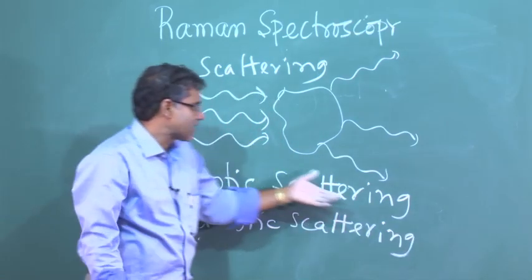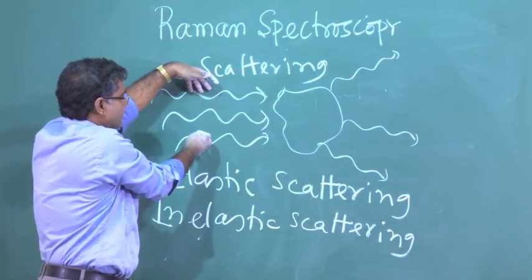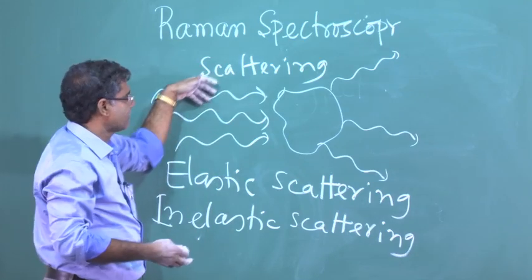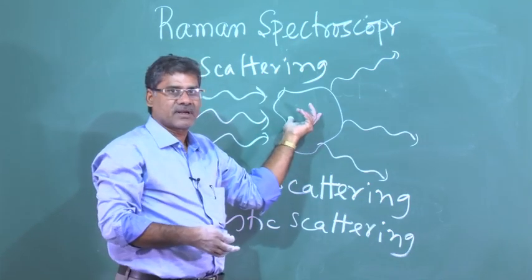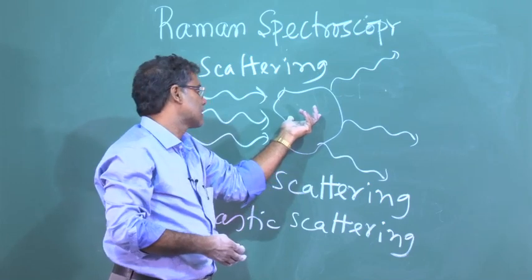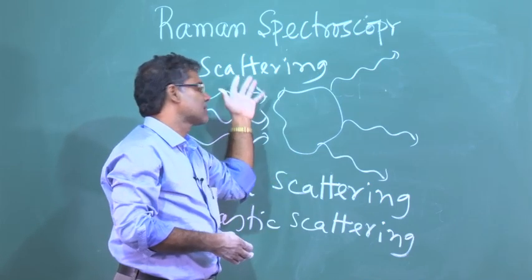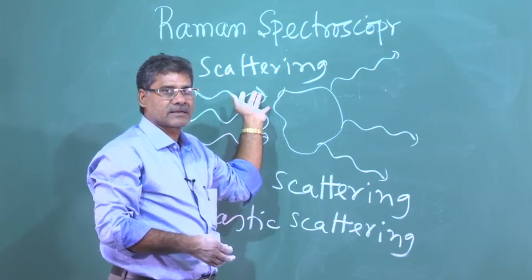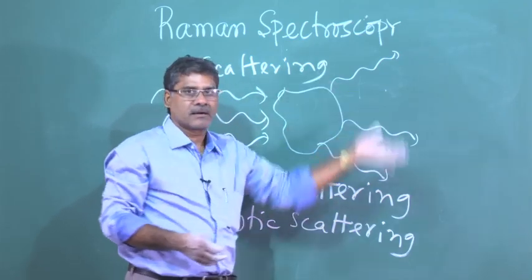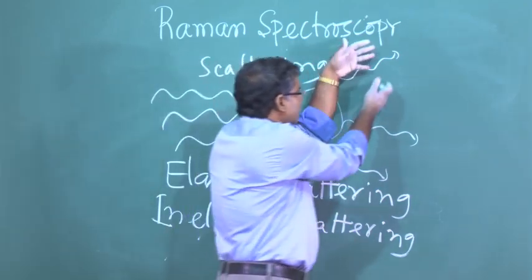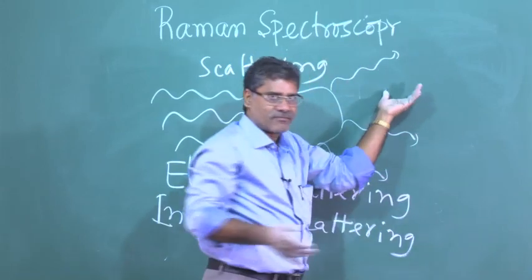So, what is elastic scattering? So, this light or incident radiation falls on the object and is scattered by this object in all directions.